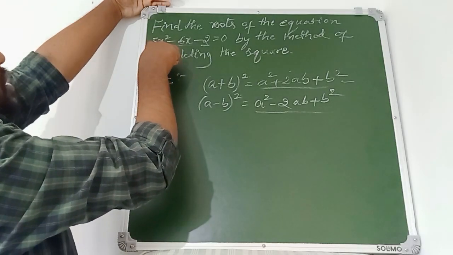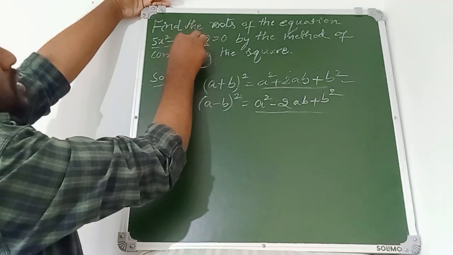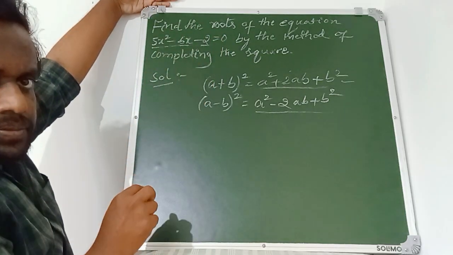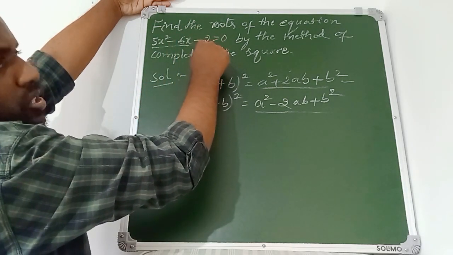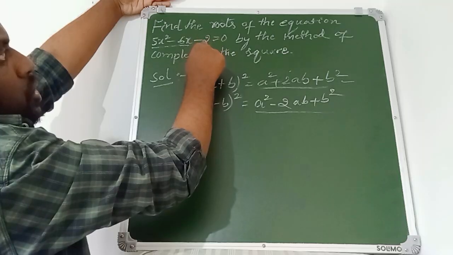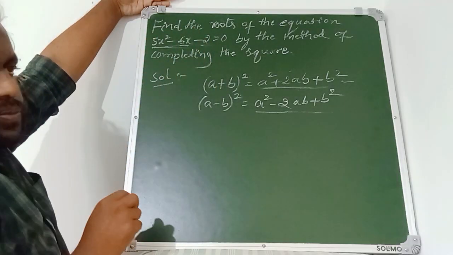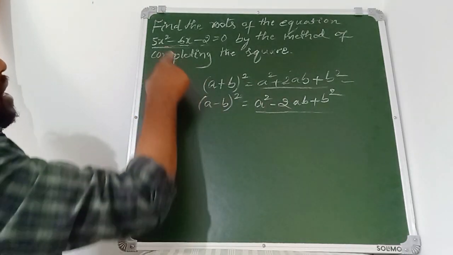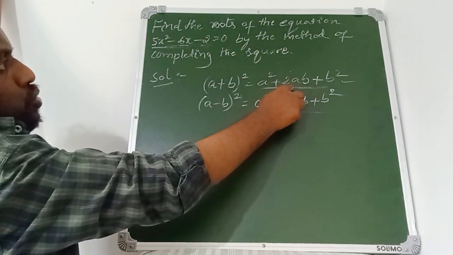See, in this term the variable x is there, here also x is there, but here the variable is not there, only a number is there. So this is the constant. Don't think about the constant, think about these two terms. Depending on the signs, if plus signs are there, we have to use this.